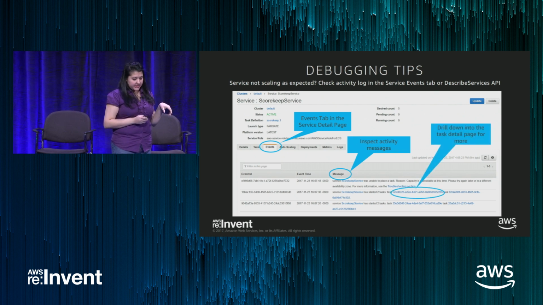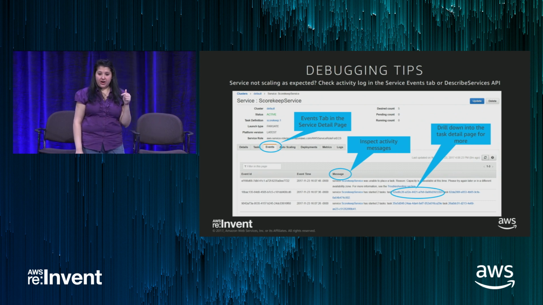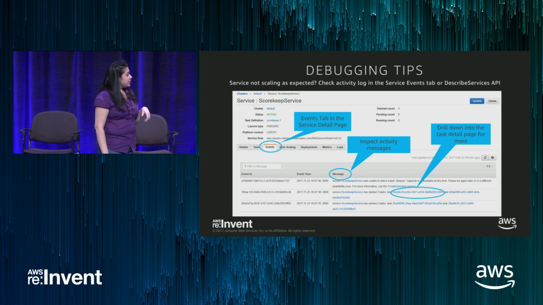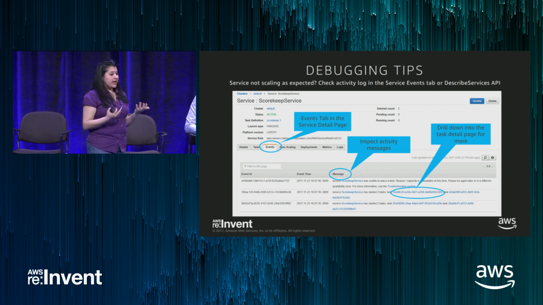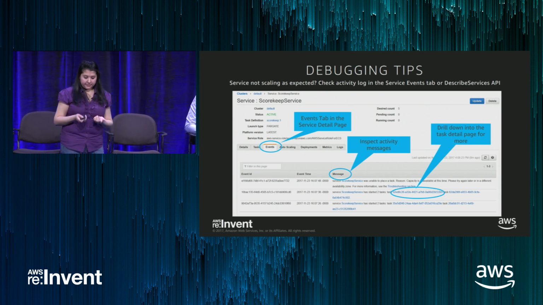If you inspect the messages here, it tells you exactly what tasks were started at what time. You can even drill down into the task detail page. It's soft linked, so you can look at each task's details as they are started by the service. And the very top one, for instance, gives you some details about why it was unable to start a task.